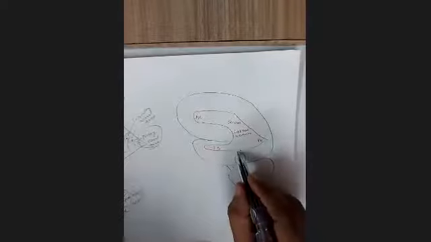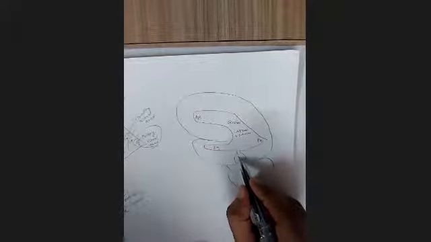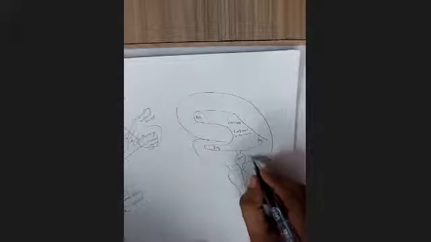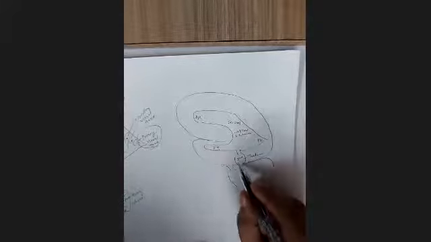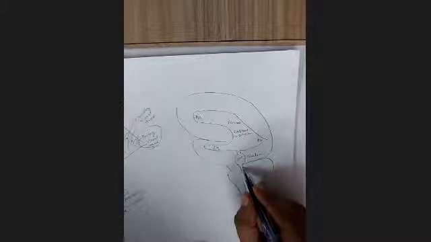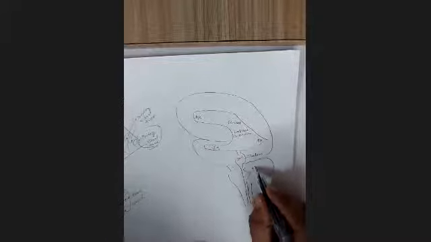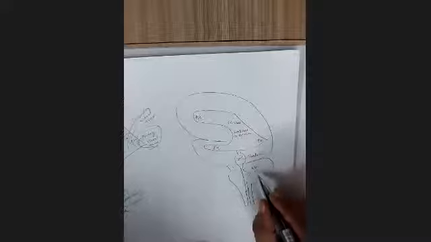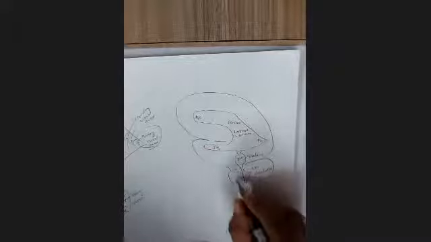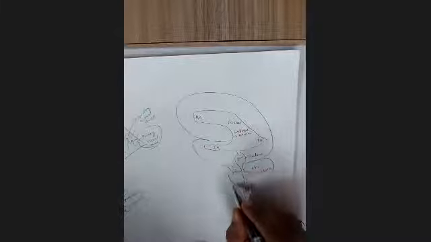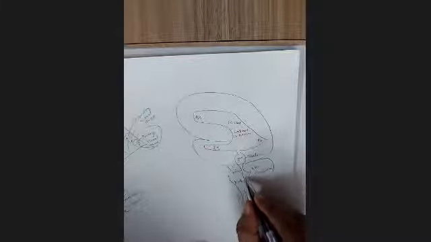These two lateral ventricles then open into the third ventricle. The third ventricle is in between the two thalami, and then there is an aqueduct which leads to the fourth ventricle. Where is the fourth ventricle? With the cerebellum posteriorly and pons and medulla anteriorly.